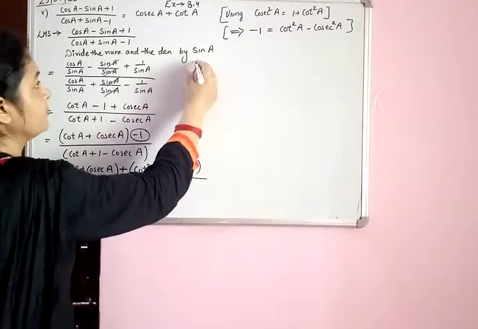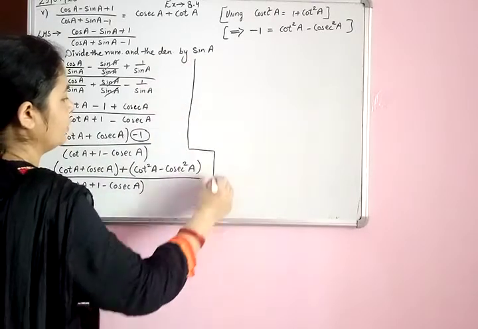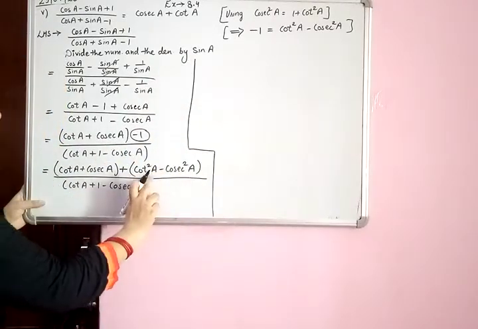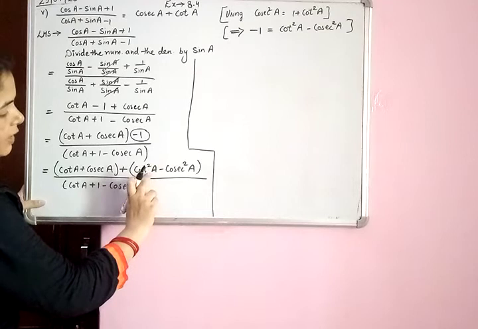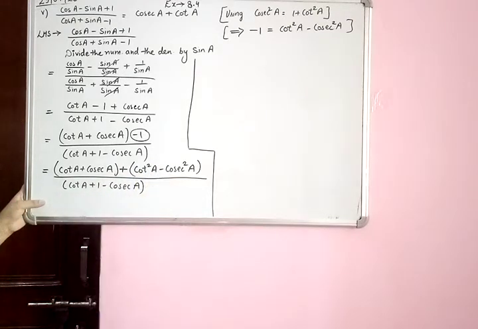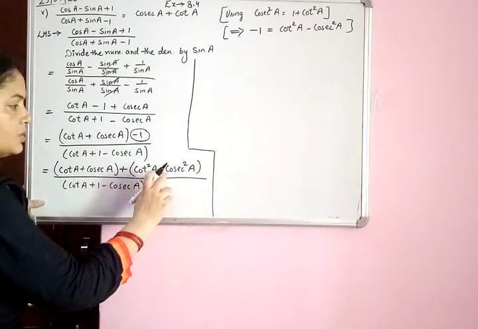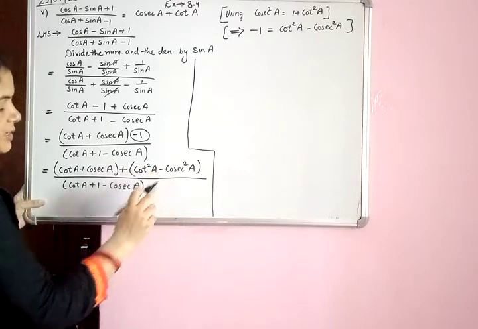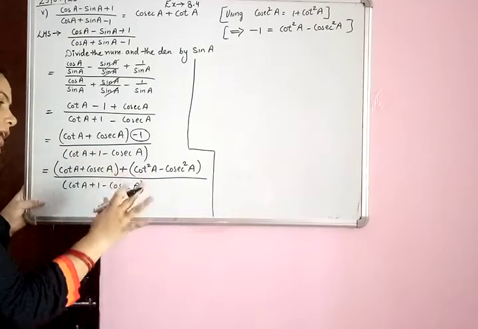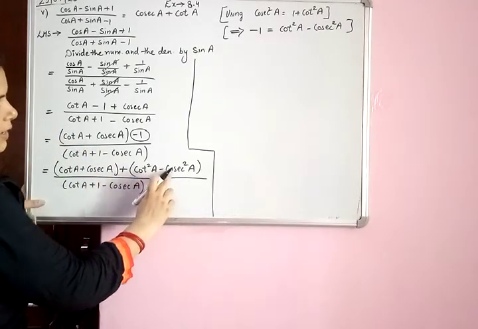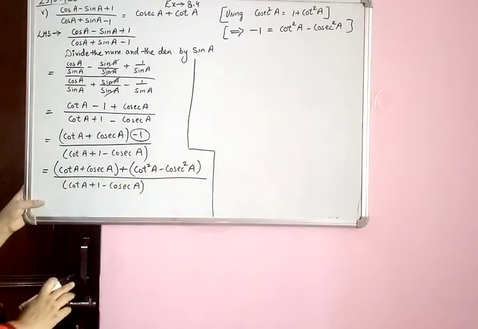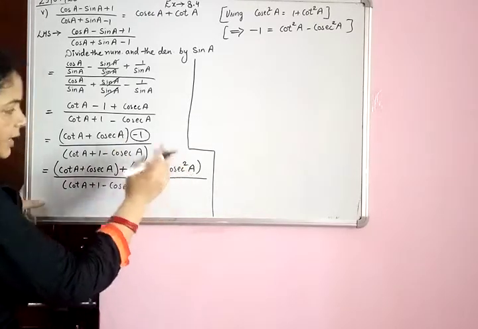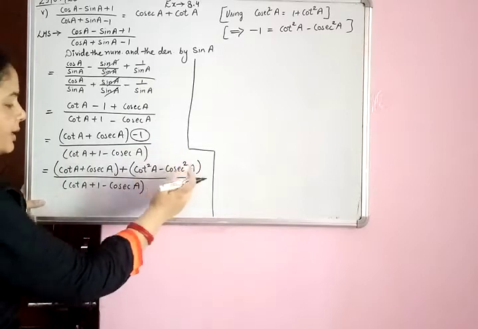Now look at here, what we can do. Here we have cot square a minus cosec square a. It means we can use the identity a square minus b square, that is a plus b into a minus b. So cot square a minus cosec square a will be cot a plus cosec a into cot a minus cosec a.